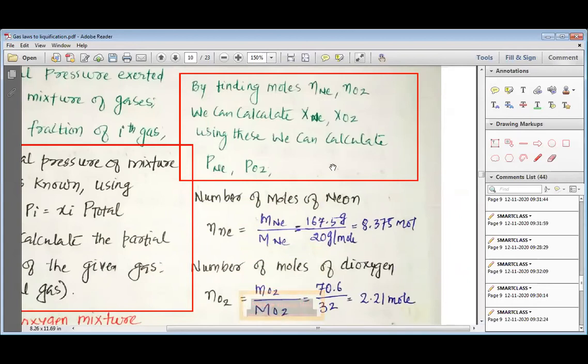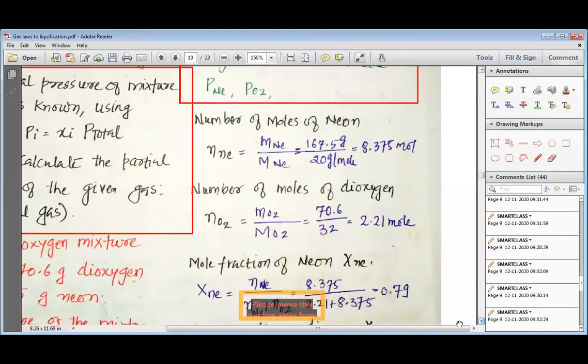So first we need to find out the number of moles of neon. Number of moles of neon is equal to small m Ne divided by capital M Ne. Let us put the value. For small m Ne we can write 167.5 gram, for capital M Ne we can write 20 gram per mole, and ultimately we find 8.375 mole.